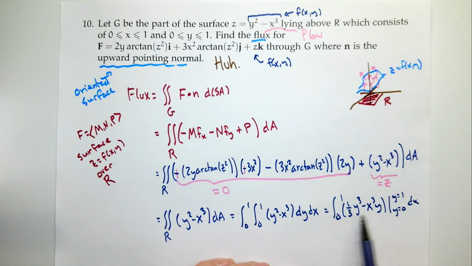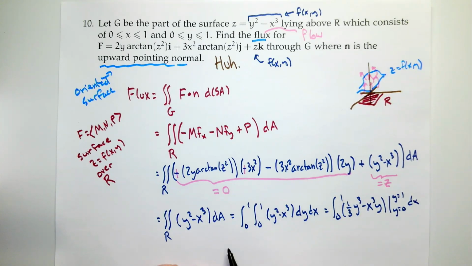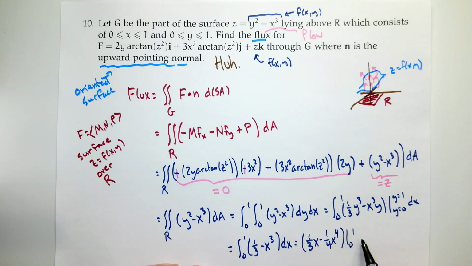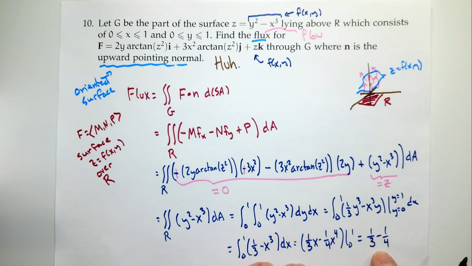Well, at y equals 0, we get 0. And when we plug in y equals 1, we're going to get 1/3 minus x cubed. So we integrate that, we're going to get 1/3 x minus 1/4 x to the fourth. And we evaluate from 0 to 1, that'll give us 1/3 minus 1/4, and then subtract 0. Common denominator would be 12. So 4/12 minus 3/12 gives us 1/12. And that is our final answer.